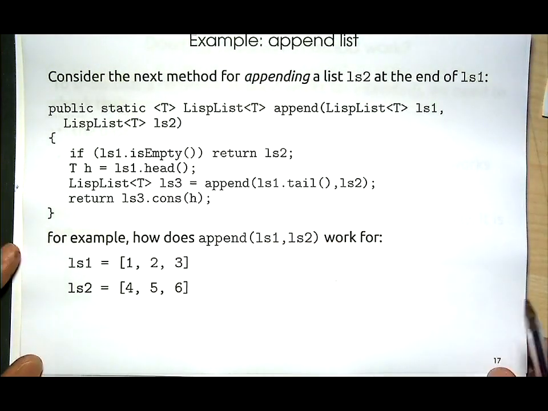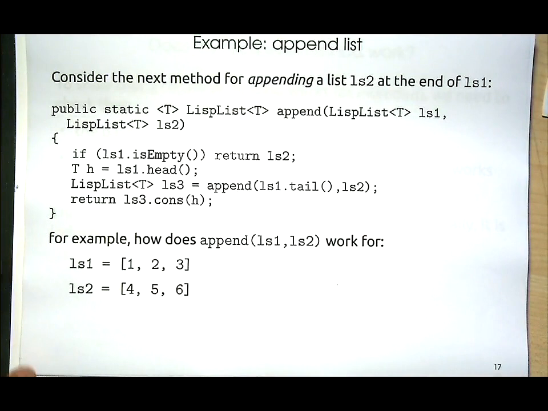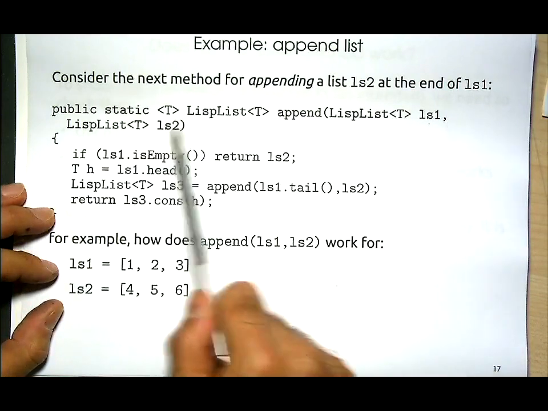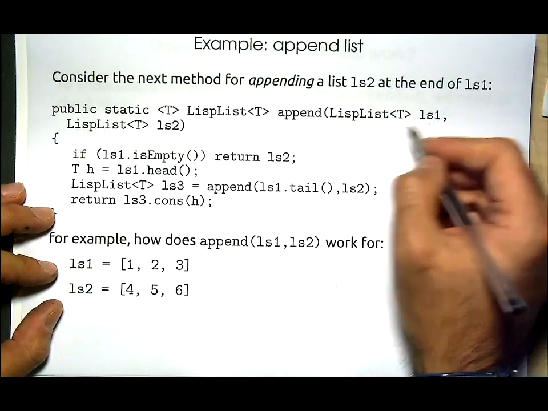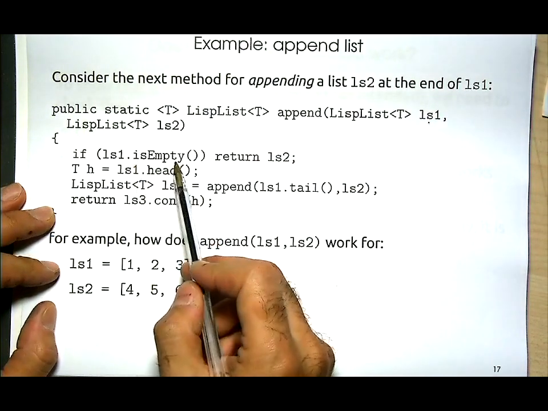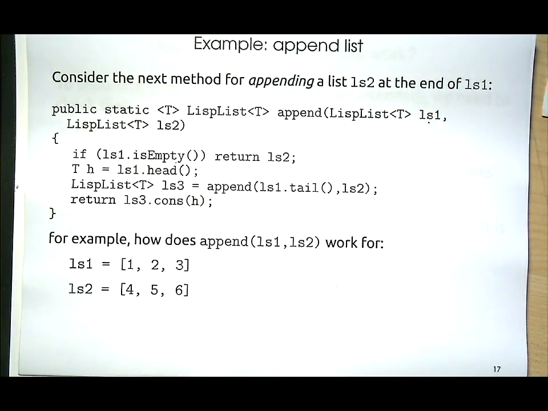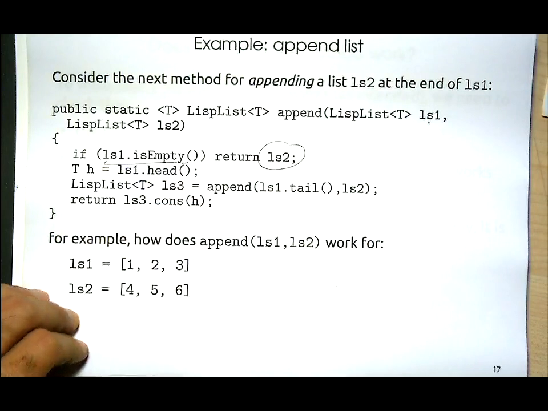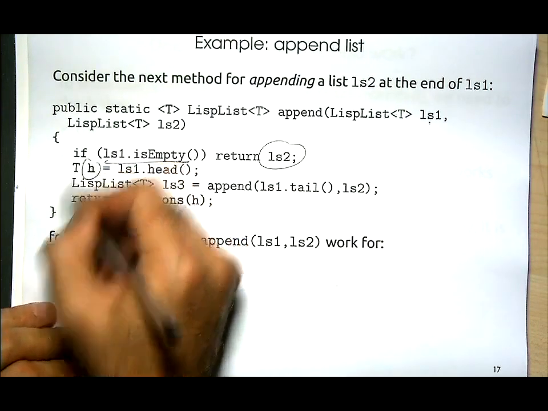Another example is how can we append a list to another one? Let me see it in a bit more detail. It says how you can append ls2 at the end of ls1. So how can you merge ls1 and ls2? Well, if ls1 is empty, you want to append another list to the empty list, so you just get the other list. So if ls1 is empty, you just return the other list. Otherwise, get back its head.